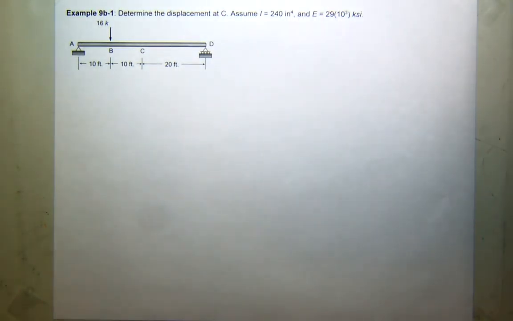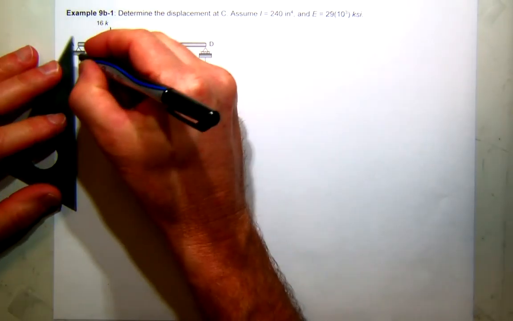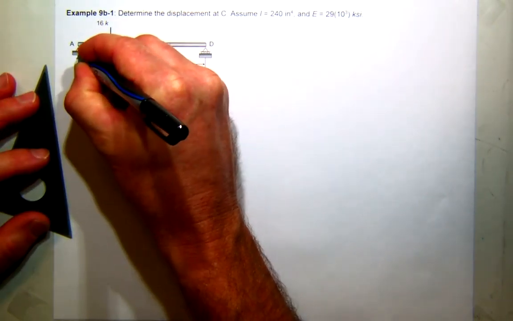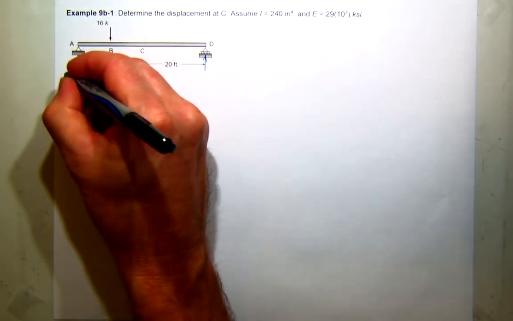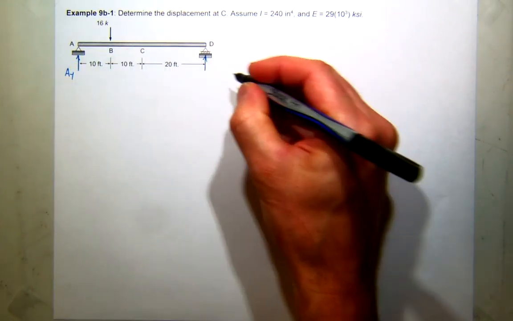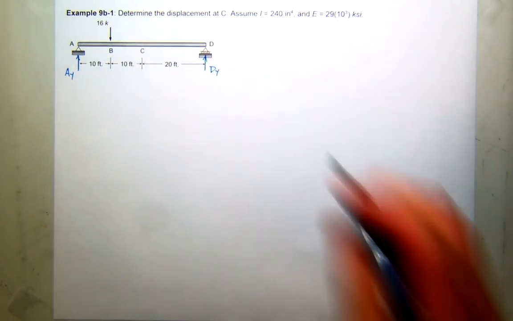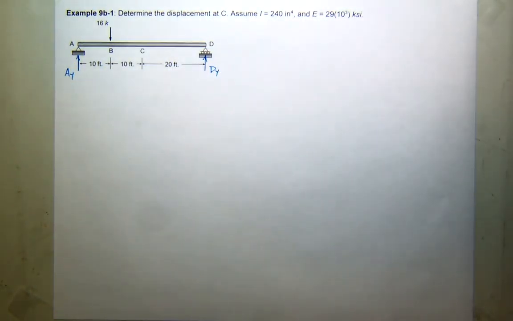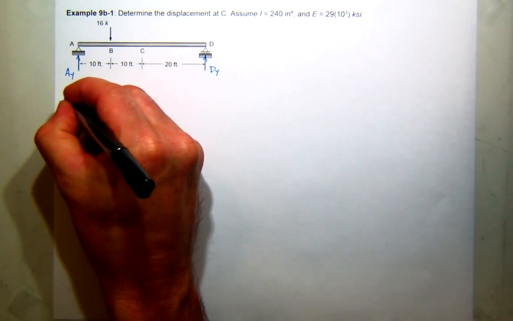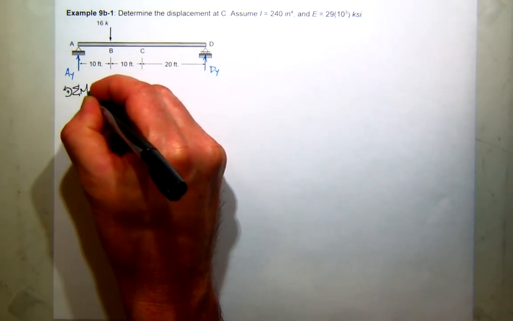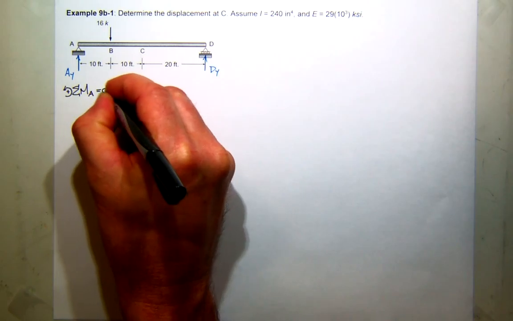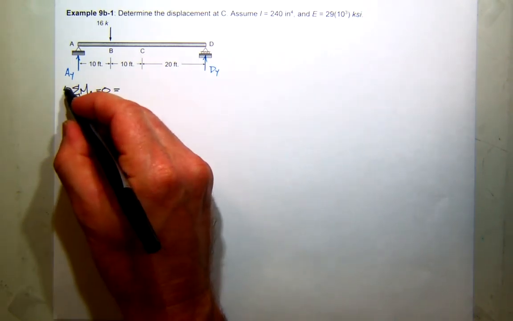So I guess the first thing we want to do is find our reactions. Very common in all of our problems is finding the reactions to start. So I'm going to sum moments about A, make sure the structure is in equilibrium. Right-hand rule for my moments.